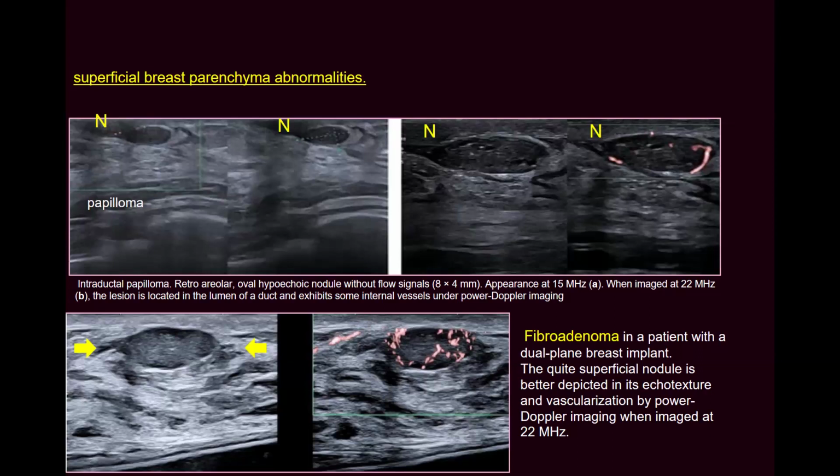Does it arise from a usual TDLU or from an ectopic TDLU? And why? Still, we have a lot to discuss. If you don't know, say we don't know, let us proceed.